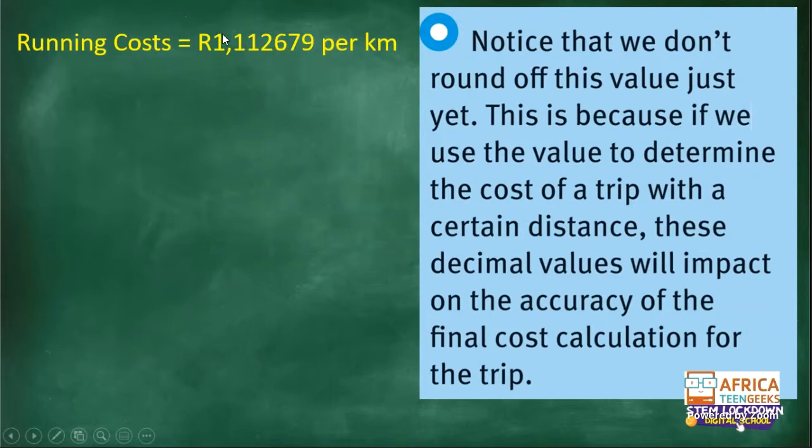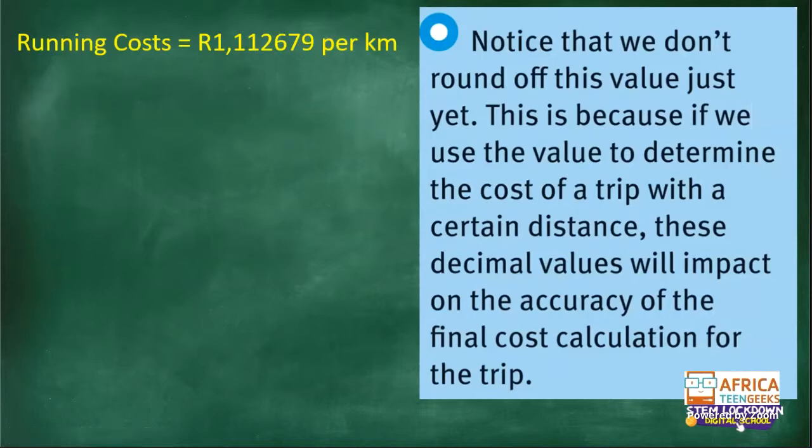In mathematical literacy as well as in maths generally, we do not round off before we arrive at the final answer. So you can only round off in the final answer. So please note that we have just given you the information here on the left, but do not round off yet.